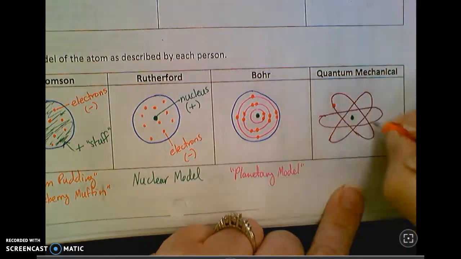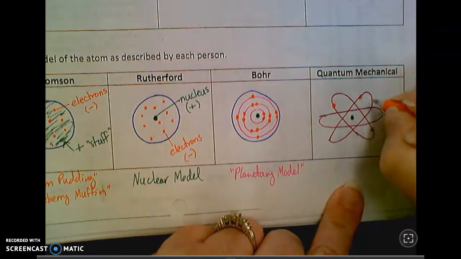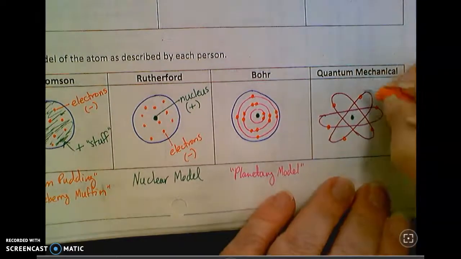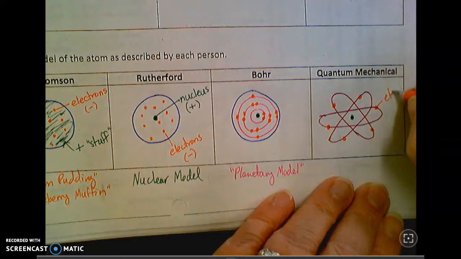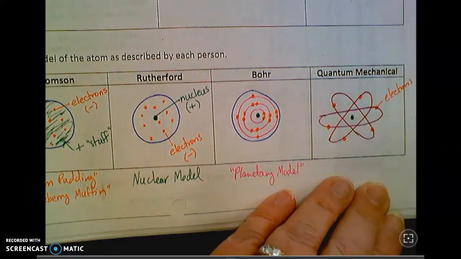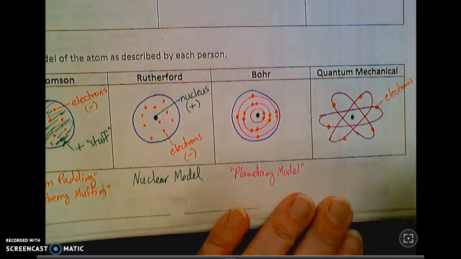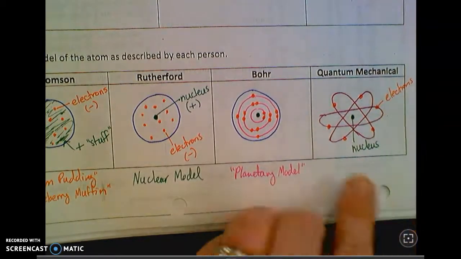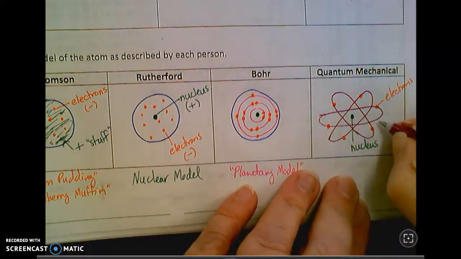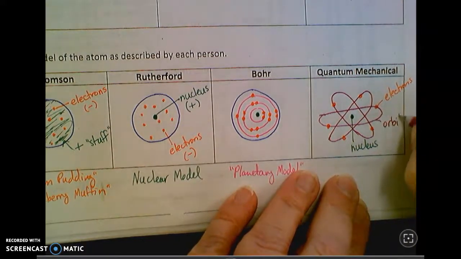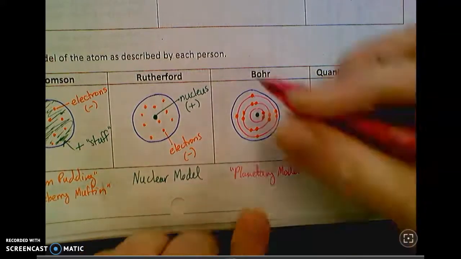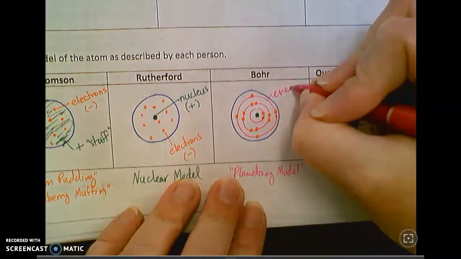And so the electrons then are going to be scattered around on these orbitals. So again, these are the electrons. This is your nucleus. And these are orbitals. It's more of a three-dimensional idea than this one. I guess I should label this one.